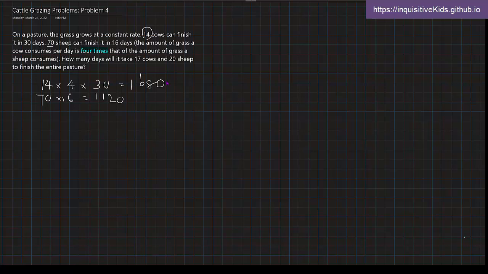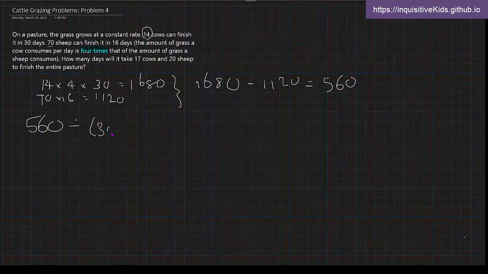So now we would just find the rate that the grass is growing in, right? So we have 1,680 minus 1,120, and that gives us 560 units of grass. Then with that, we divide by their difference in days, which is 30 minus 16, right?